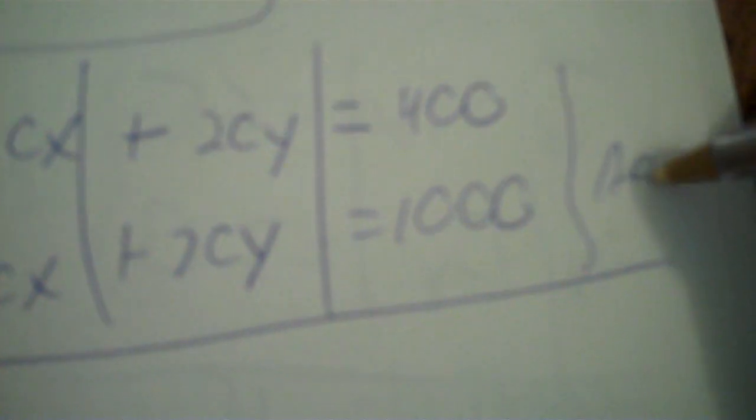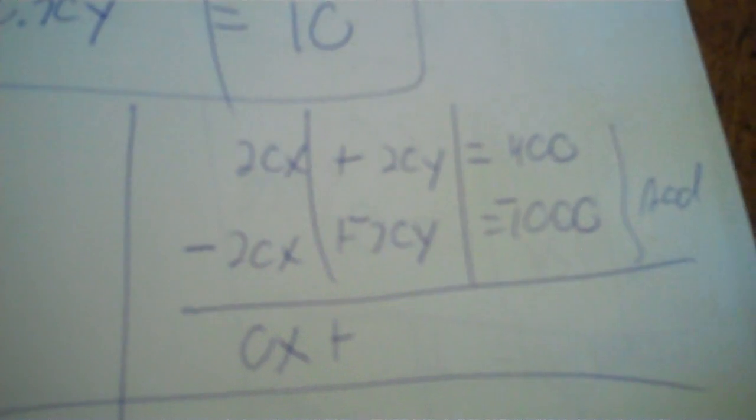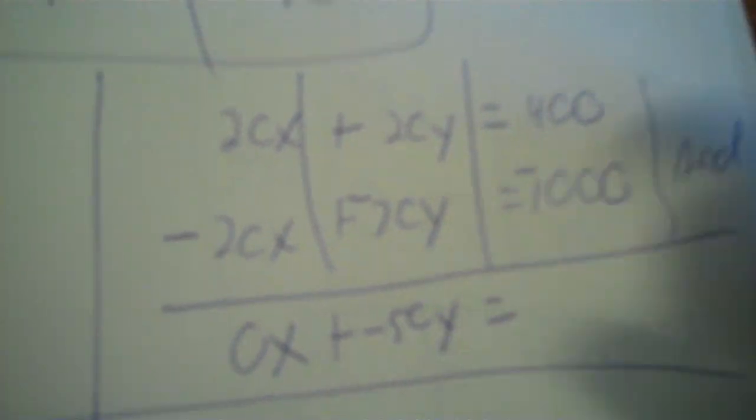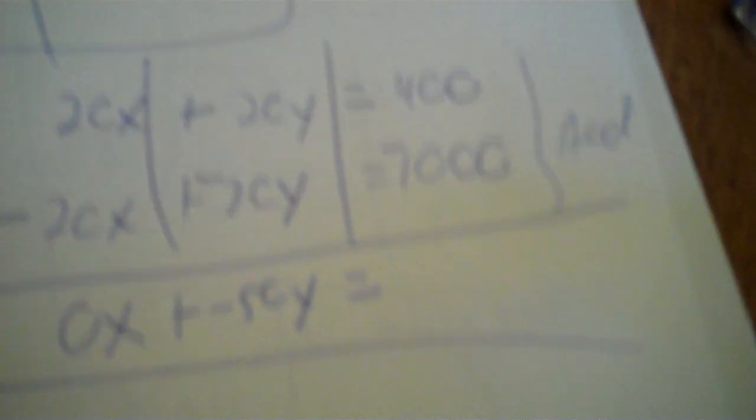Okay, we're always adding. That'll be negative, that'll add to 0. But then the 70 goes negative, and so is 1,000. So we take 20 plus negative 70, that's negative 50y. And we take 400 plus negative 1,000, that's negative 600.